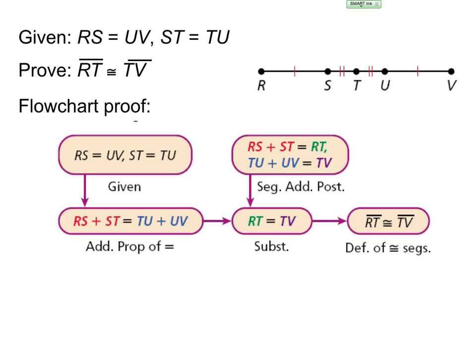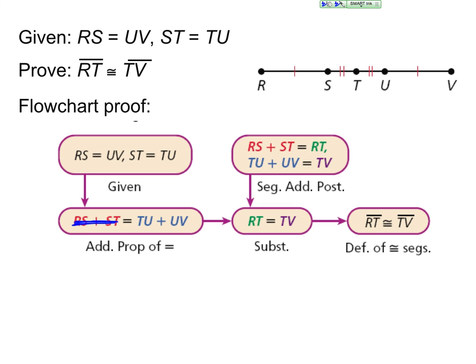Now look at that substitution. Substitution means you can take something out and put another something in its place that it's equal to. So that's why there's more than one arrow leading into the substitution. You need multiple ideas. If I use this as my base statement, what's RS plus ST equal to?